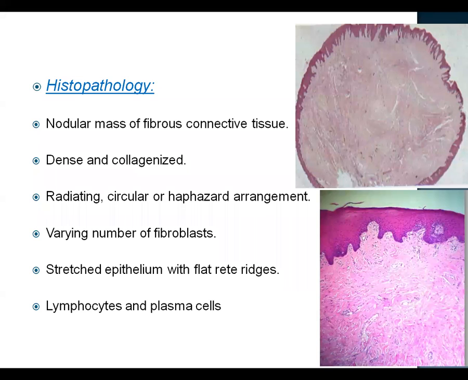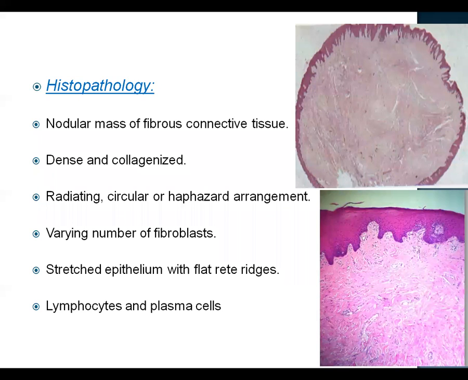The presence of lymphocytes and plasma cells is a very important finding. As this tissue is of fibrous tissue origin, you are going to see more dense and collagenized tissue, also the radiating circular or haphazardly arranged varying numbers of fibroblasts.